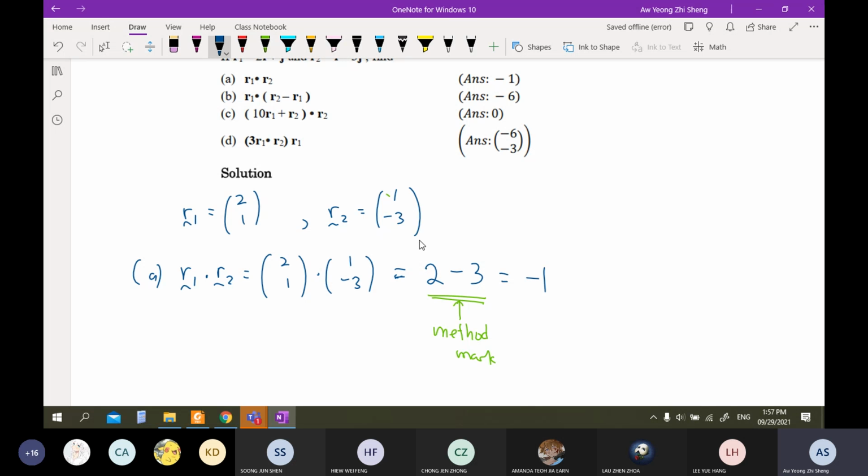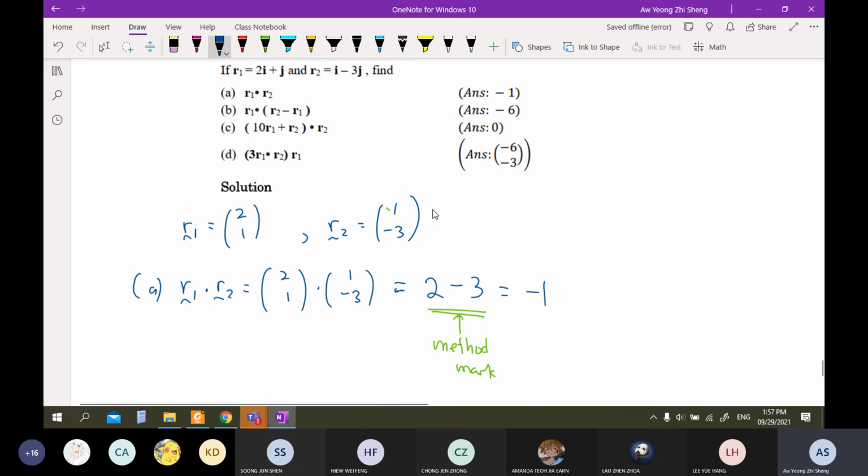If you want to be even slower and write 2 times 1 plus 1 times minus 3, of course you can. But at the very least, I want to see 2 minus 3. So don't be too fast when you present your working.